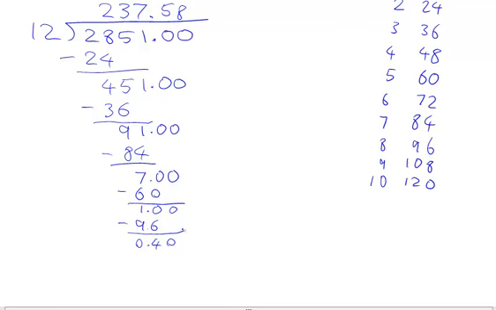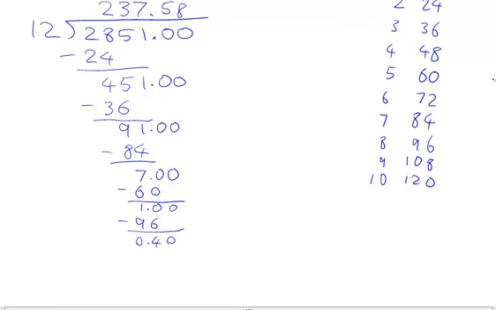And that'll do it, I reckon. So what we've got is that 2,851 divided by 12 is 237.58 approximately.